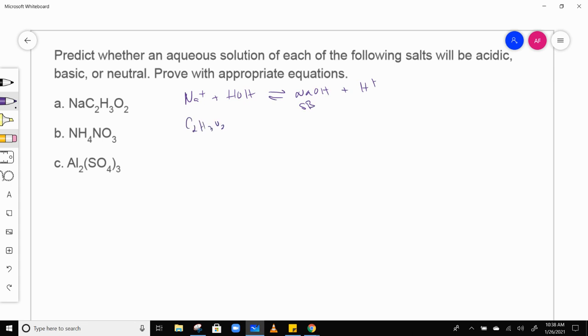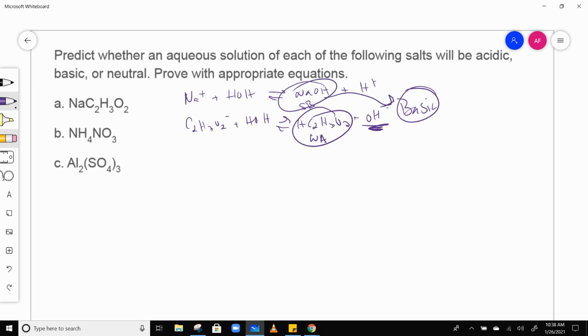C2H3O2 minus plus HOH gives us HC2H3O2 plus OH minus. This is a weak acid. So this will form. So we'll go OH minus. So this is going to be basic. Okay, and also this is a strong base. So that's how we know it's also basic.